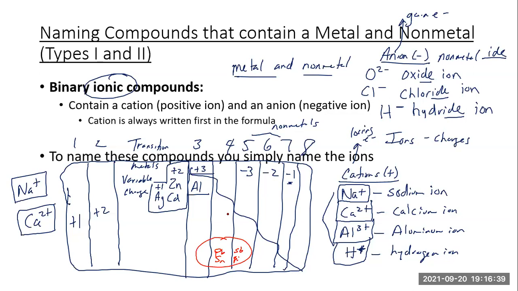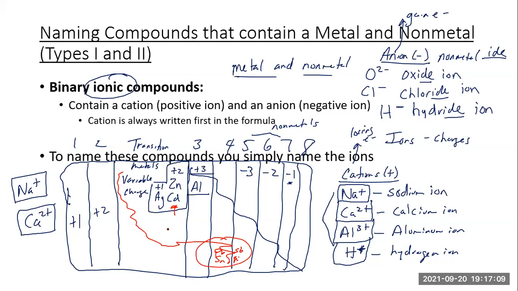The only 3 transition metals, as we talked about at the end there, that do have fixed charges are zinc and cadmium. So when they do form a charge, it's always going to be +2, and silver here will be +1. But pretty much everybody else in this transition metal region and underneath the staircase will have those variable type charges. And we'll talk about what we need to do with those when we name them. It's a little bit different.